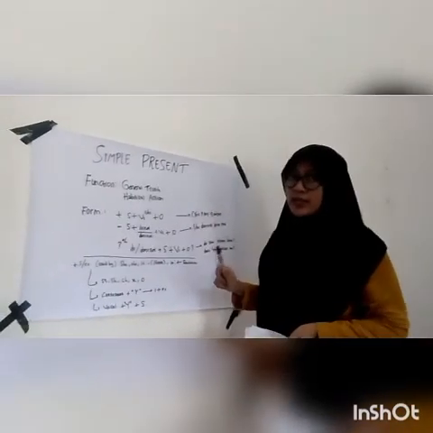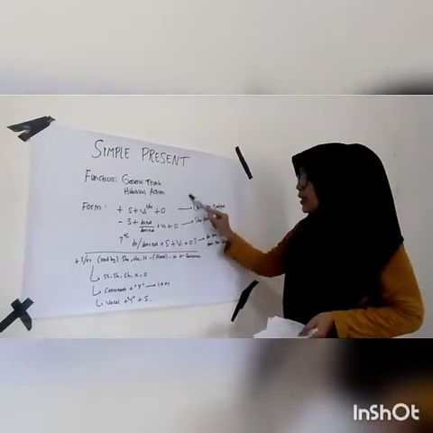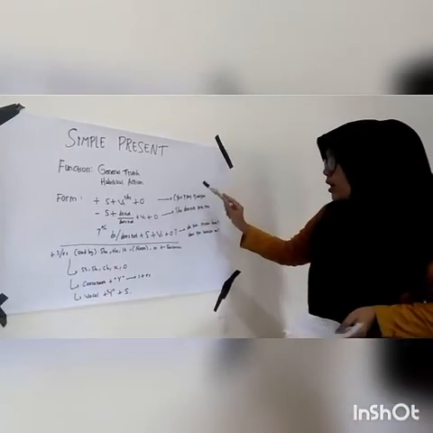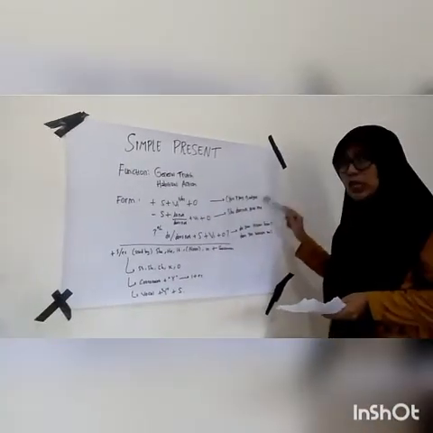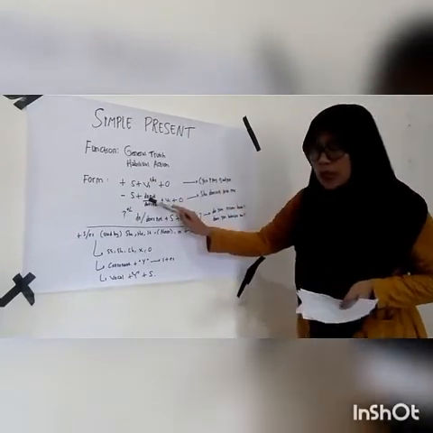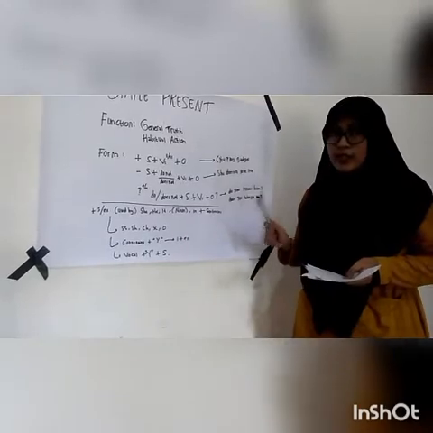Do you understand? You can see it in the example of simple present tense: you play gadget. You is the subject, play is verb 1, gadget is the object. Are you understand? So, another example.